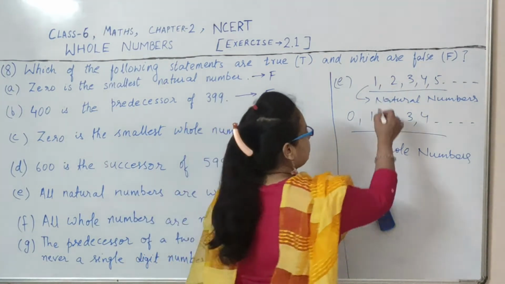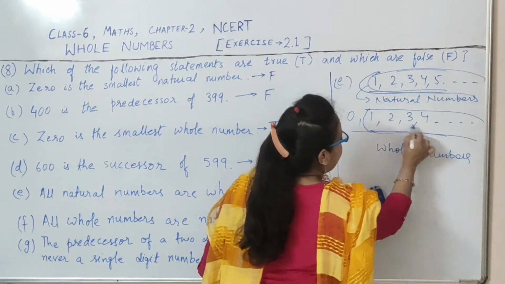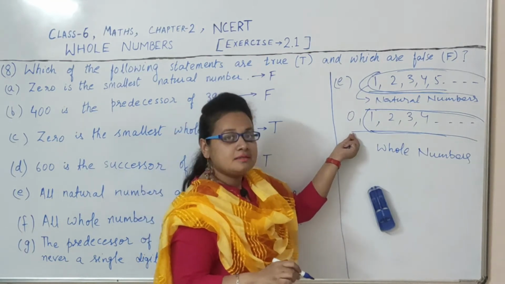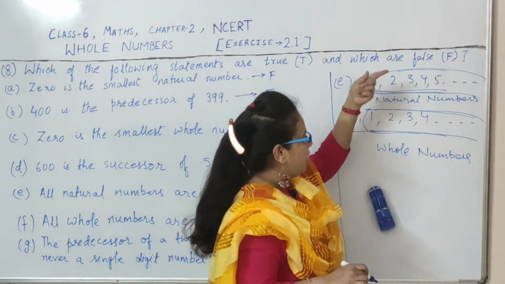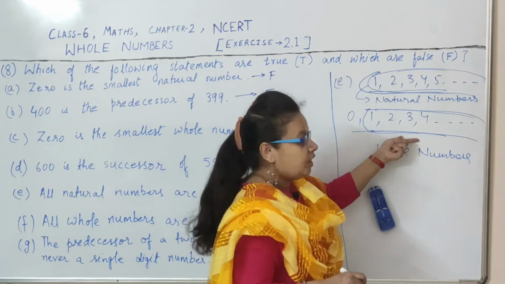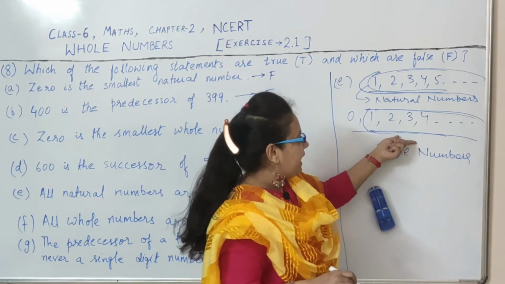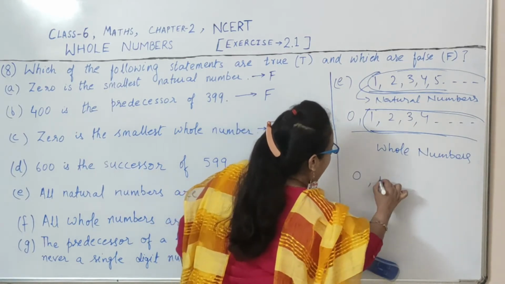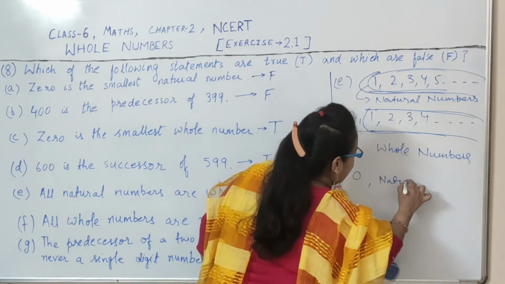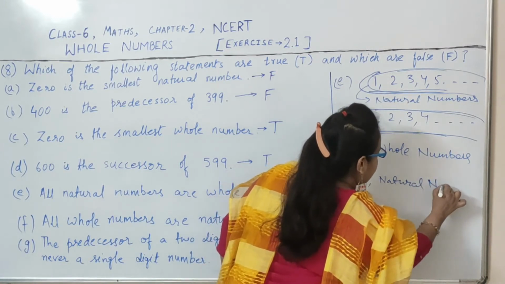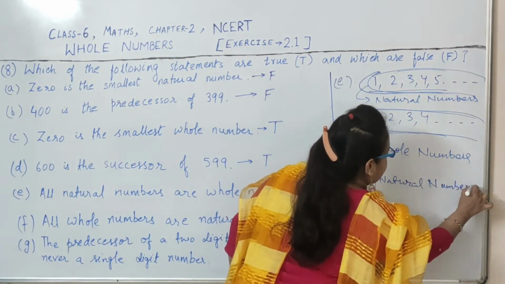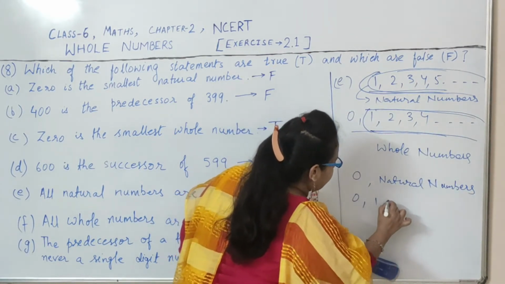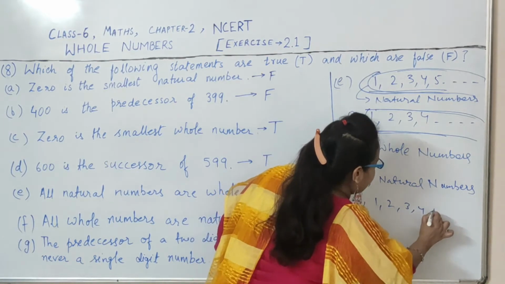So it means all natural numbers are also there in whole numbers, but whole numbers also have an extra 0. It means all natural numbers are whole numbers, because if you write 0 and all natural numbers, you get 0, 1, 2, 3, 4, 5 and so on.